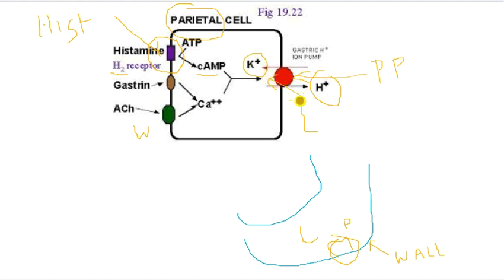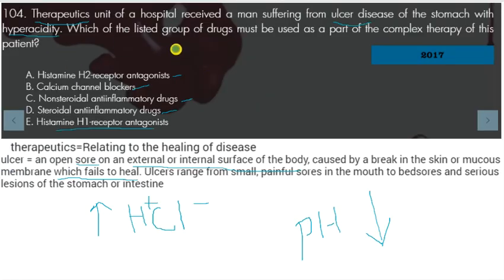We can see here that from the parietal cell, H plus is secreted into the lumen. So we have a high amount of H plus in the lumen, and hyperacidity will occur. Then here they ask which of the listed groups of drugs must be used for hyperacidity.